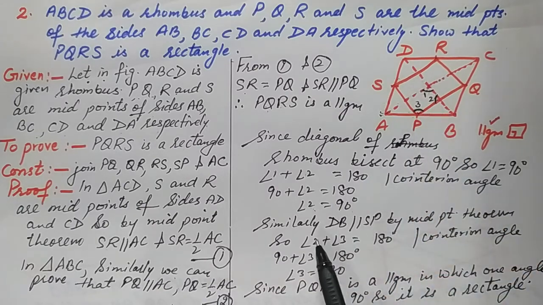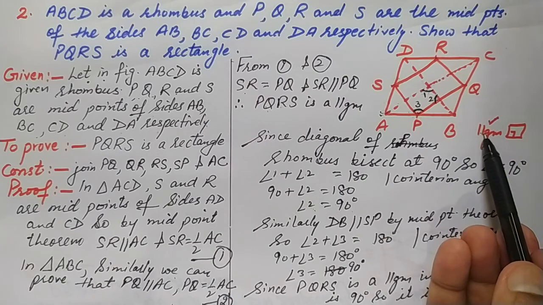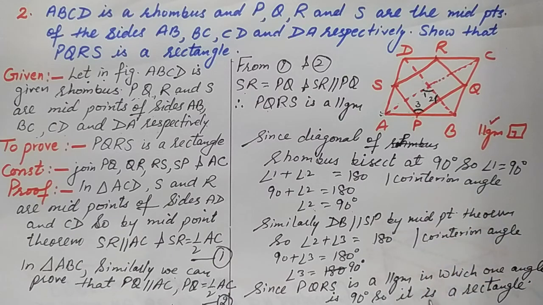So angle 2 plus angle 3 is 180 degrees, because these are co-interior angles. Angle 2 is already 90, so 90 plus angle 3 is 180, and angle 3 is 90 degrees. Now since PQRS is a parallelogram in which one angle is 90 degrees, it is a rectangle. This way we prove this question.